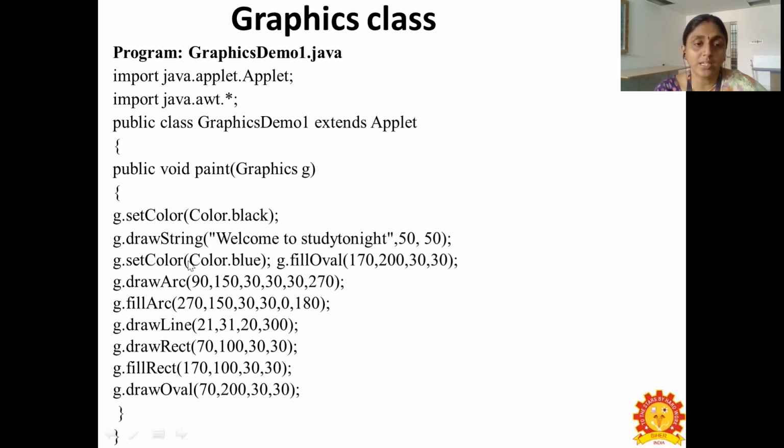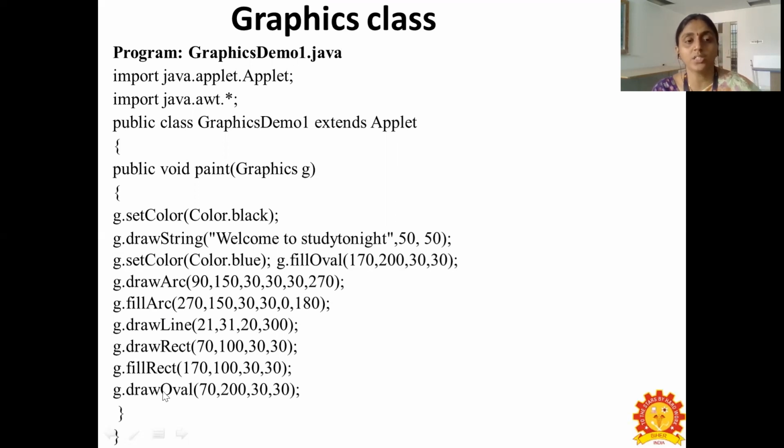Then we set the color to blue and call g.fillOval. Here the oval will be drawn at the particular position 170, 200 with width and height of 30, 30, and the oval will be filled with color. Then the drawArc, fillArc, drawRect, fillRect, and drawOval functions are used.